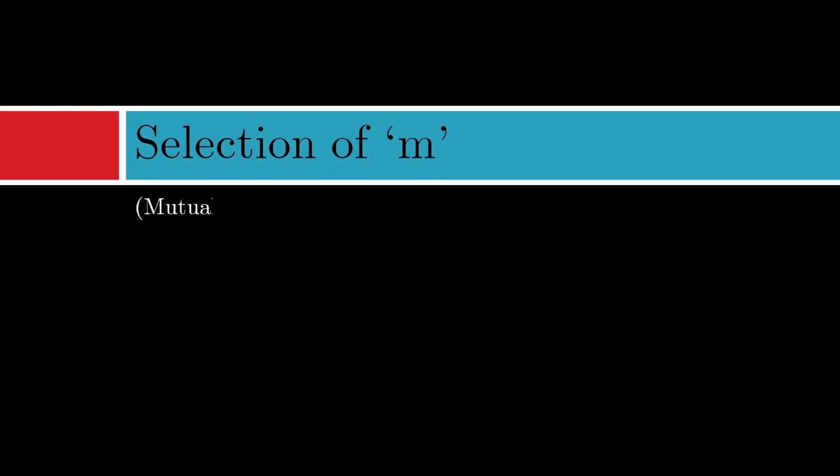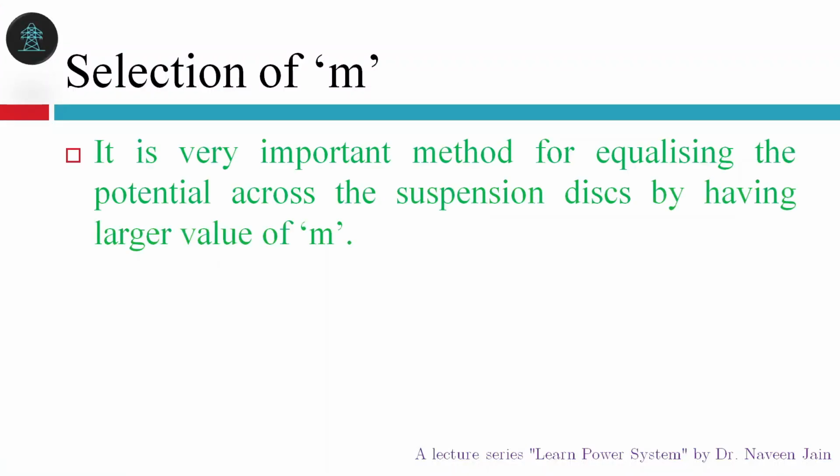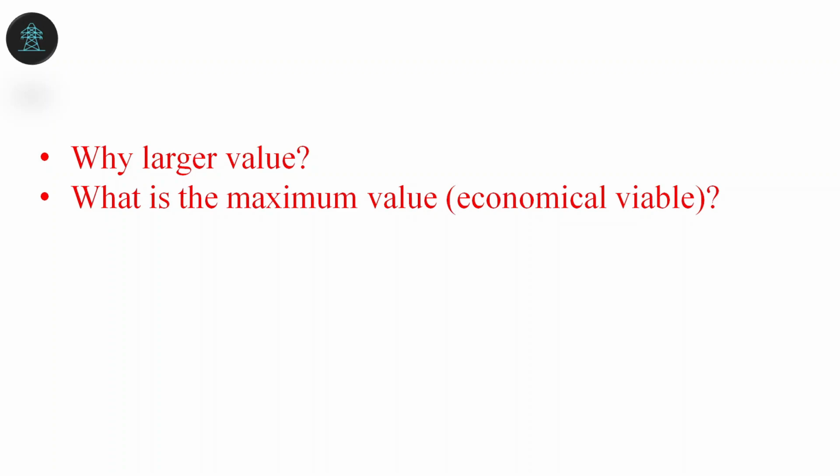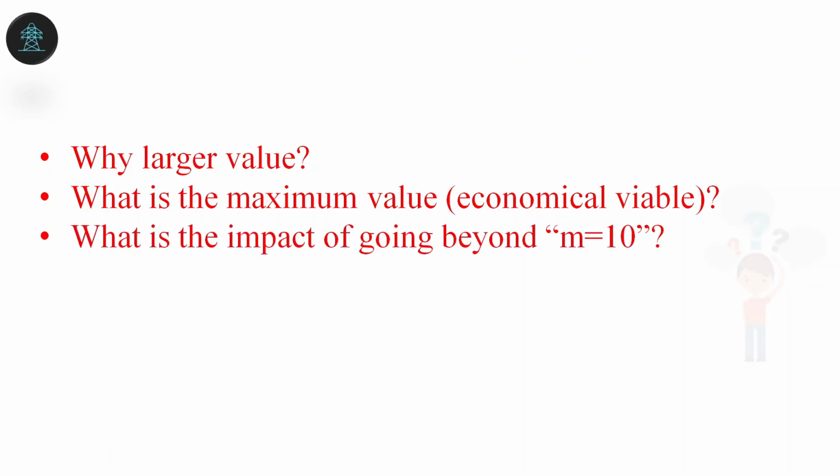Selection of M. As we know, M is defined as the ratio of mutual capacitance to capacitance to ground. It is a very important approach for equalizing the potential across the suspension disks by having a larger value of M. Why larger value? What is the maximum value? Increasing the value of M means increasing the length of the cross arm.